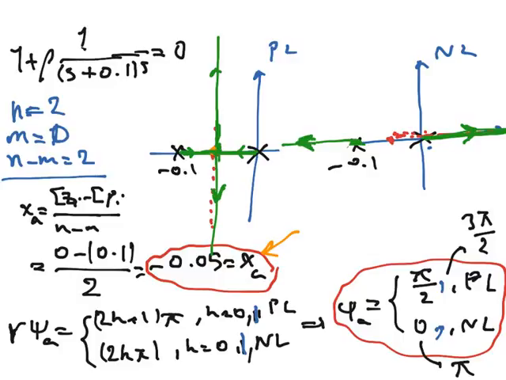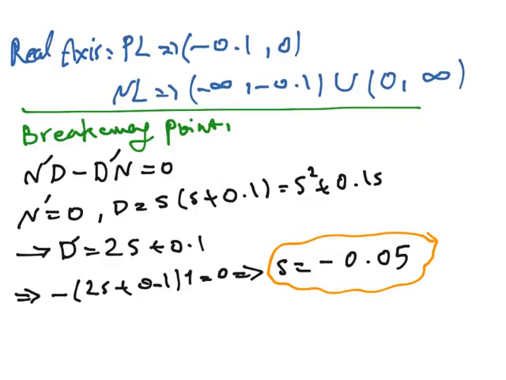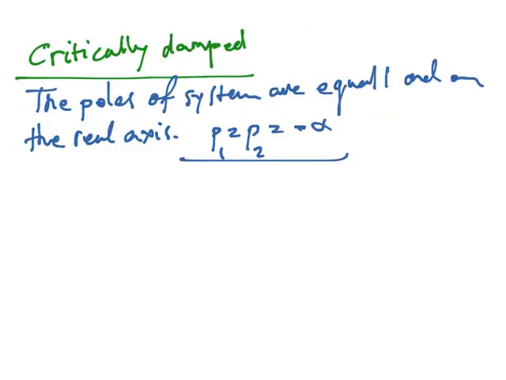So if you look back at the root loci, we can see that this could happen only in the case of positive locus, and it happens whenever the branches meet each other at the breakaway point. So at the breakaway point, we know the value for the poles. So here we have minus 0.05, and for this one we need to obtain the value of Kp. We need to see what would be the value of Kp in order to have such a behavior.